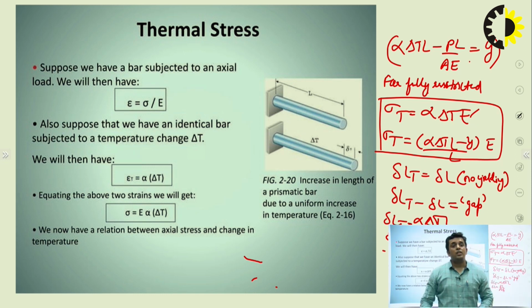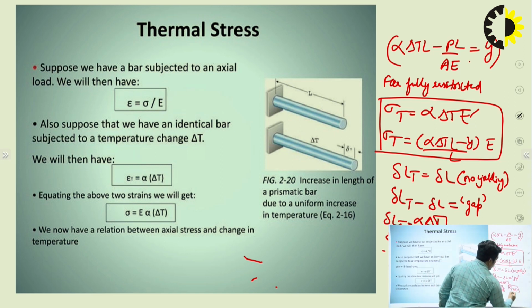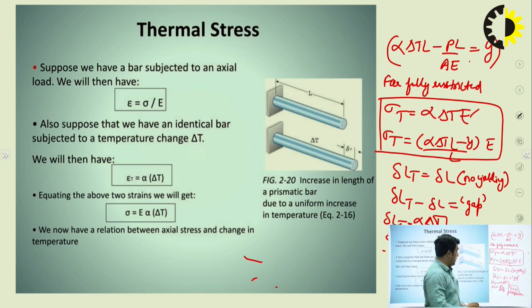For restriction, there will be thermal stress. For free expansion, thermal stress will be 0. Sigma T will be 0 for free expansion. I hope you all are getting this point. So this has been mentioned here.